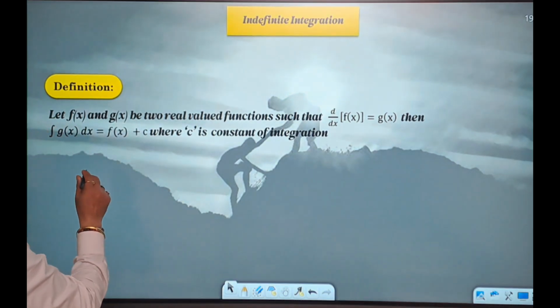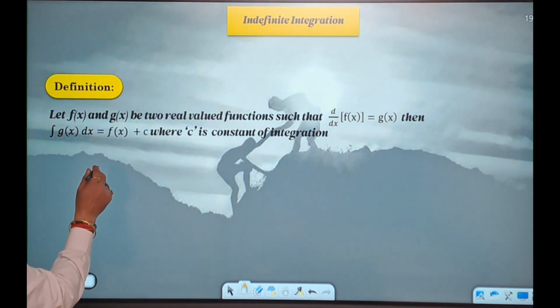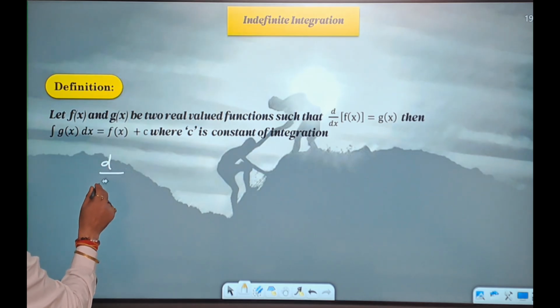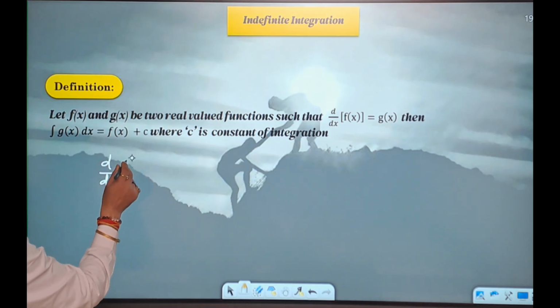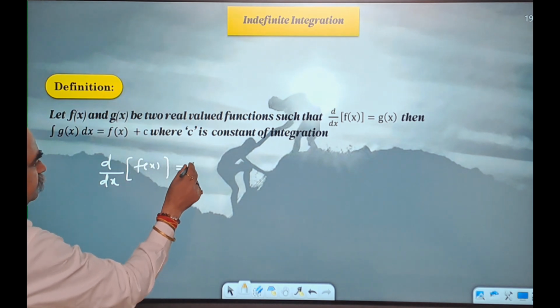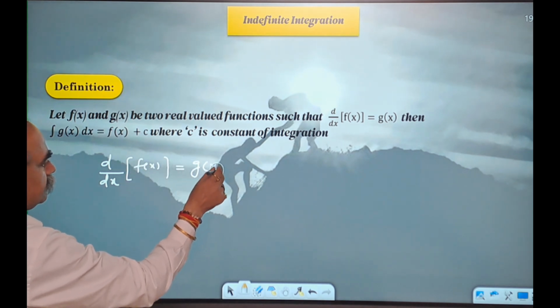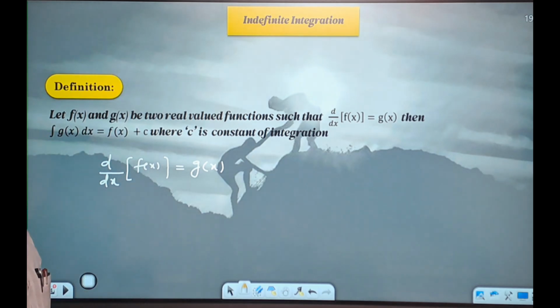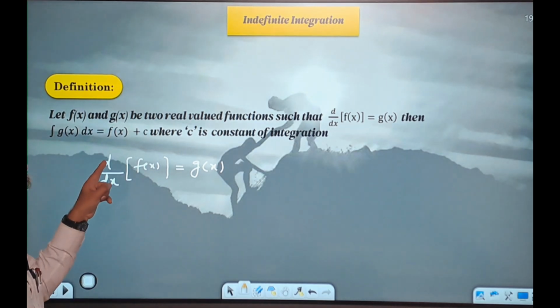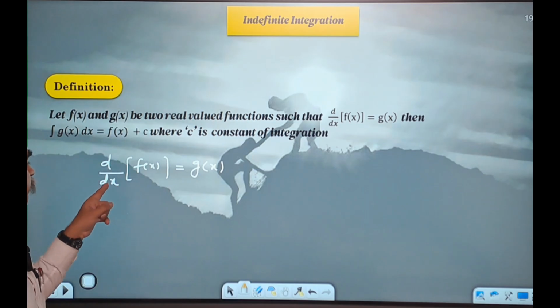Say I am given d by dx of f(x) is equal to g(x). In this, d stands for derivative and dx stands for with respect to x. So derivative of f(x) with respect to x is g(x).